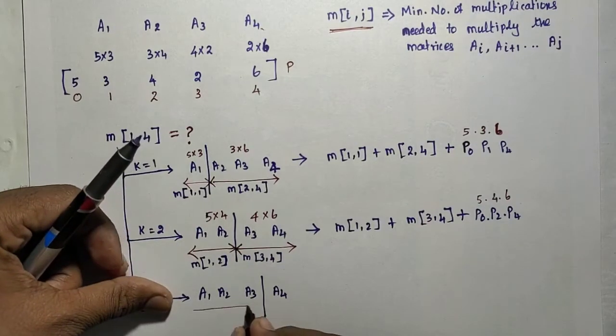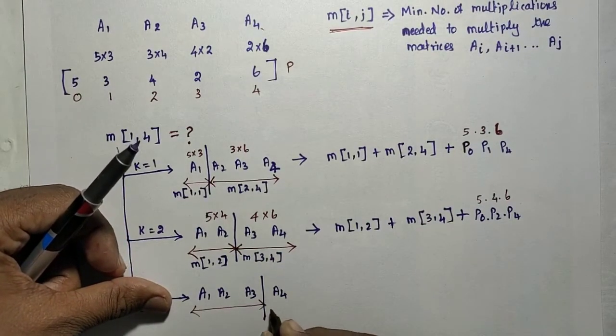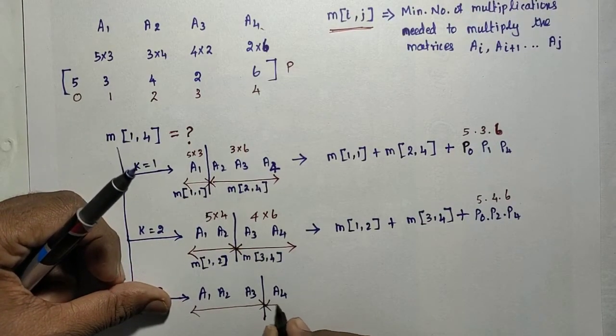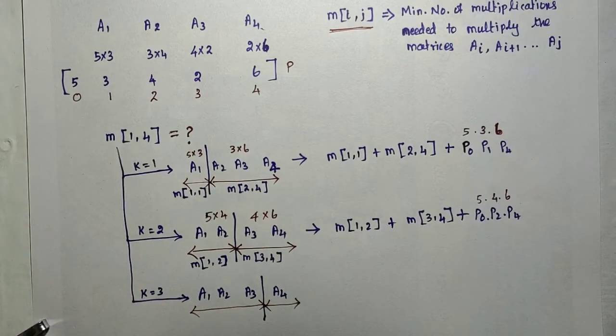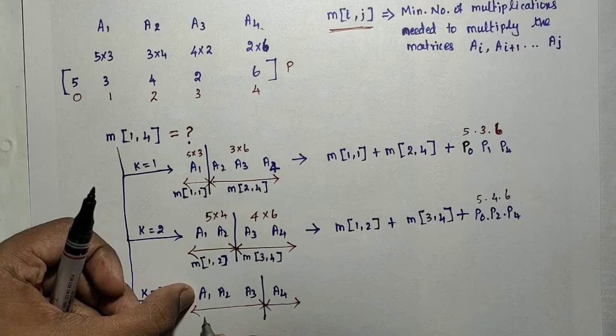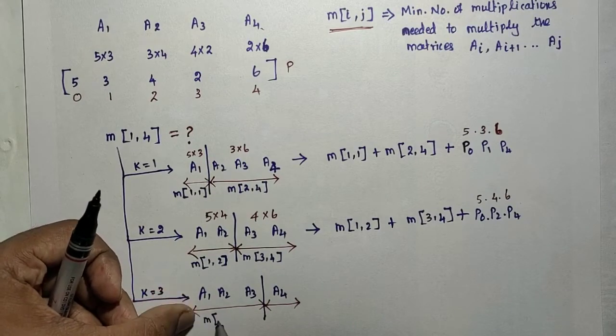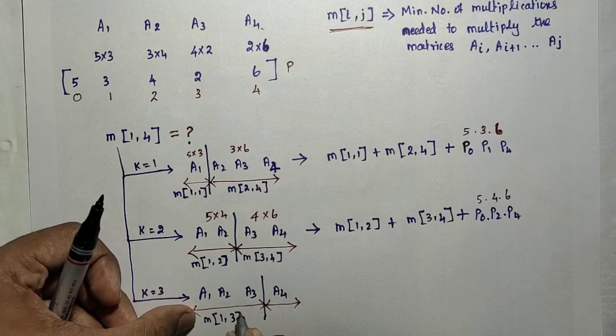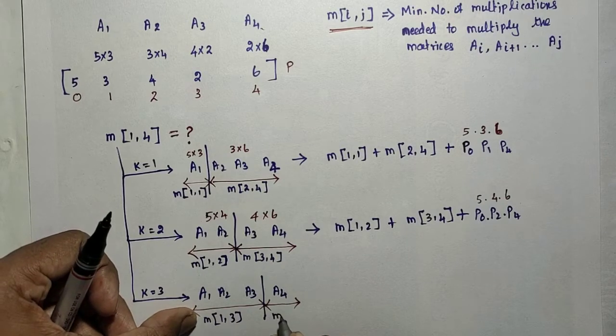On the left side A1 to A3, on the right side A4 to A4. So the number of multiplications needed to multiply the left side matrices is the minimum number m of 1 comma 3 and m of 4 comma 4.